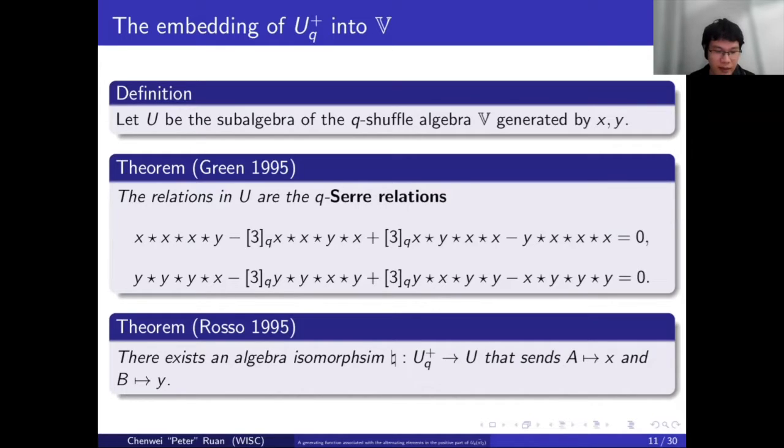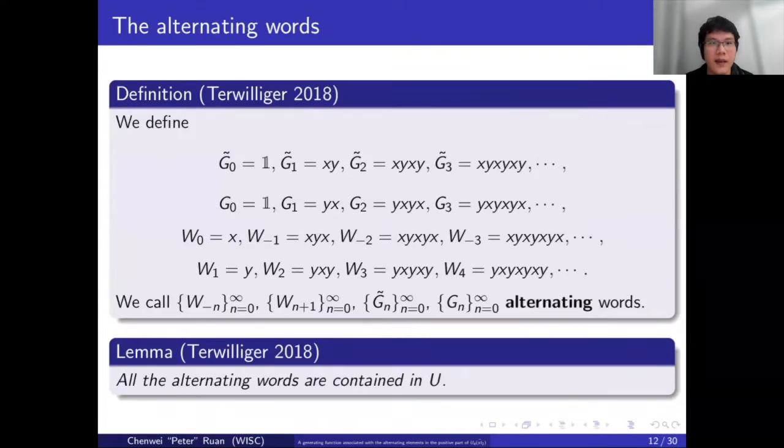As a result, we know there is a natural algebra isomorphism from U_q plus to U, which maps A to x and B to y, the generators to generators. So now we identify U_q plus with U as a sub-algebra of V.